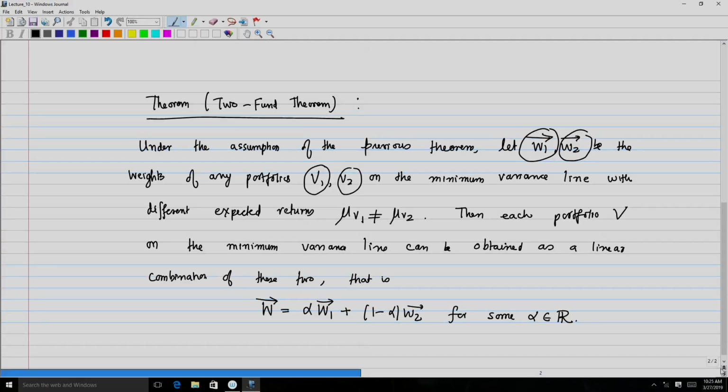So, what it means is that you are able to actually generate the entire set of portfolios on the minimum variance line by simply taking a linear combination of these two portfolios V1 and V2, provided that they have different expected returns. So, let us look at the proof of this.